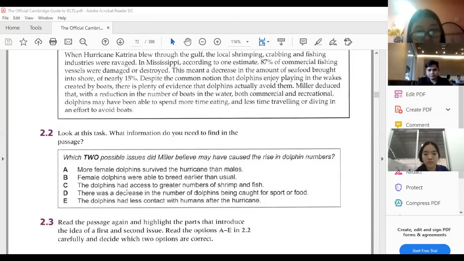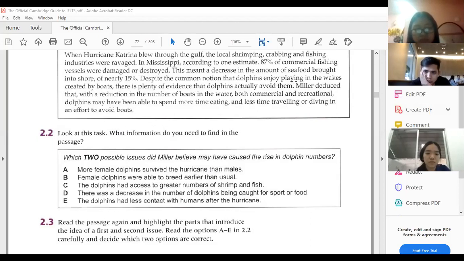Choice D: they talk about how dolphins are caught for sport or food. But if you read the third paragraph, you will not see anything about people eating dolphin. So it remains only one last choice, choice E. You find the name Miller right here. Miller deduced that with a reduction in the number of boats in the water, both commercial and recreational, dolphins may have been able to spend more time eating and less time traveling or diving in an effort to avoid boats.